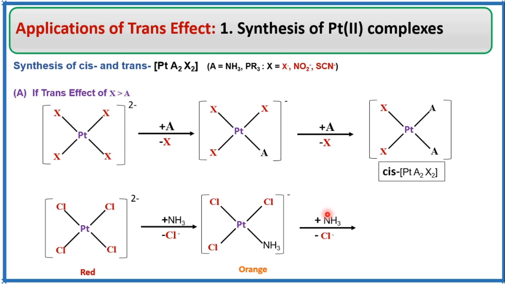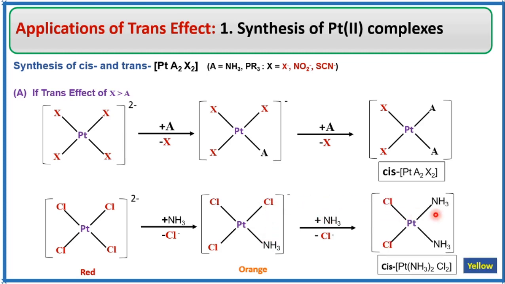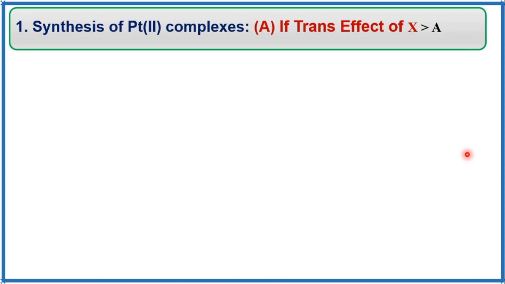If we add 1 mole of ammonia again, the chloro which is present cis to this ammonia will get replaced by this ammonia. Therefore we will get a cis complex, and this is a yellow complex. So the formation of red, orange and yellow, in this order, indicates the formation of a cis complex. In this way we can prepare a cis complex.